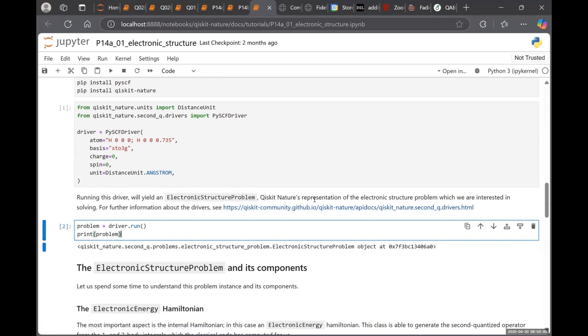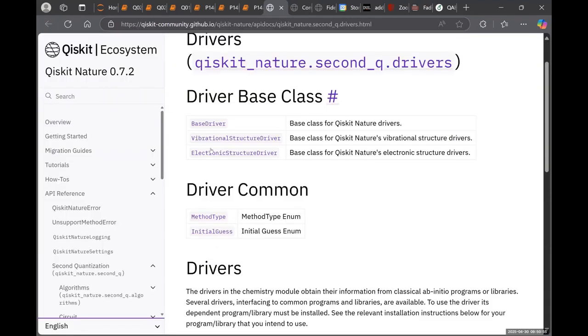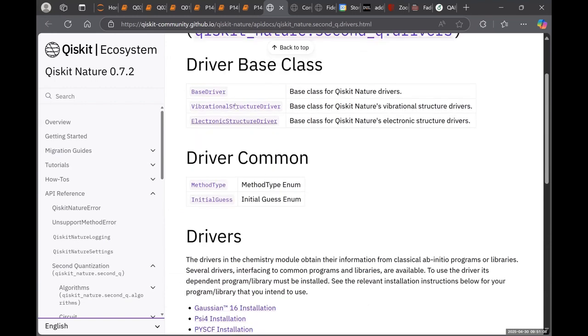If you want to know more about that, it is here. There are base classes, vibrational structure and electronic structure. So we are using the electronic structure here.